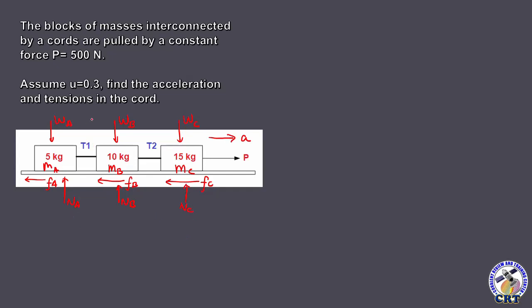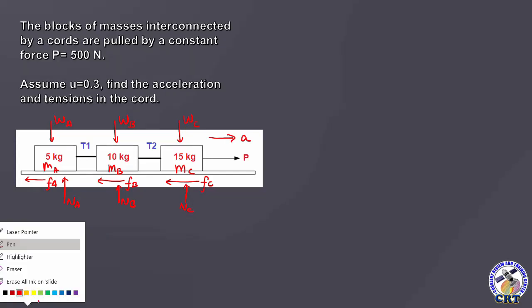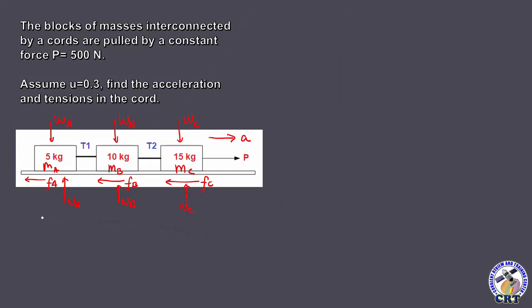For this free body diagram, we can say that the weight is equivalent to the normal force. So calculating weight A, this is 5 kilograms times the acceleration due to gravity, 9.8. This is 49 newtons.